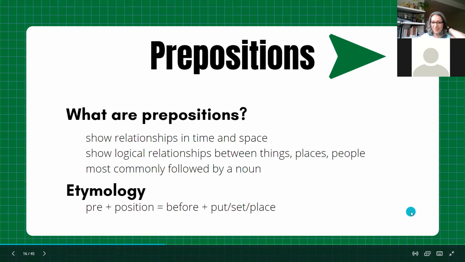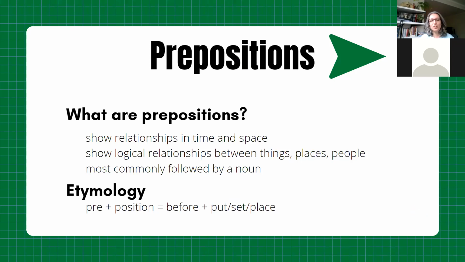So what are prepositions? They show relationships in time and space. They show logical relationships between things, places, and people. And they're most commonly followed by a noun. I would say 99% of the time they will be followed by a noun. Occasionally they'll be followed by nothing and a couple of other things.